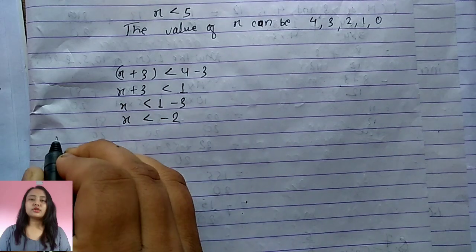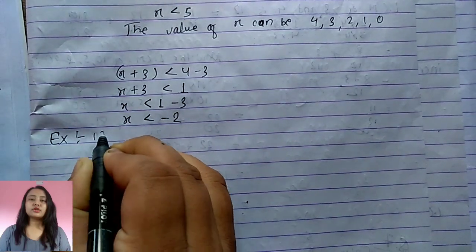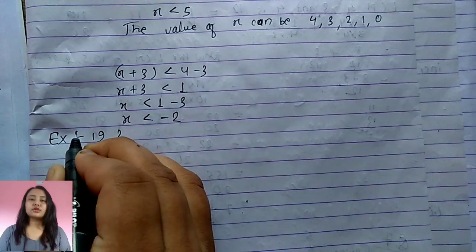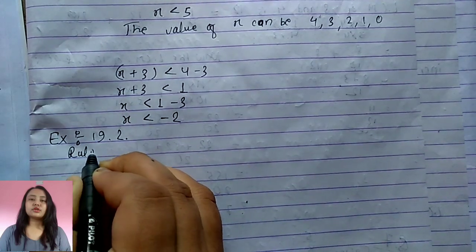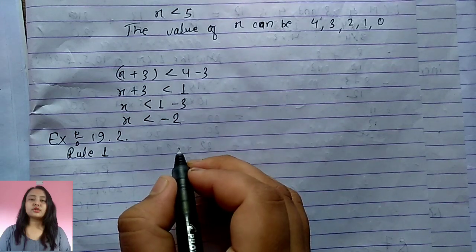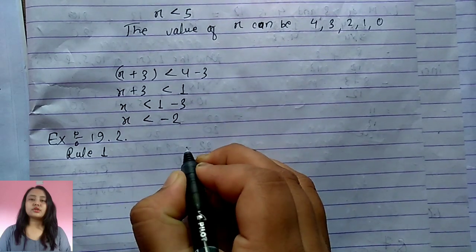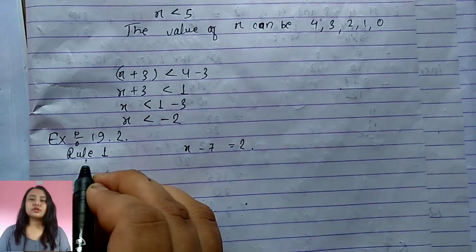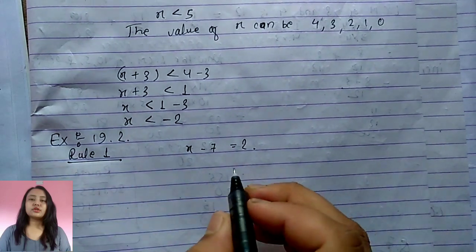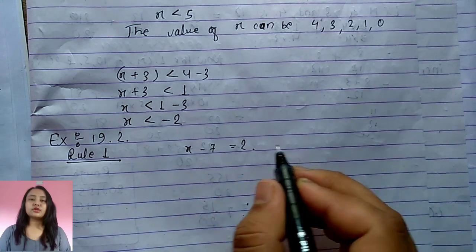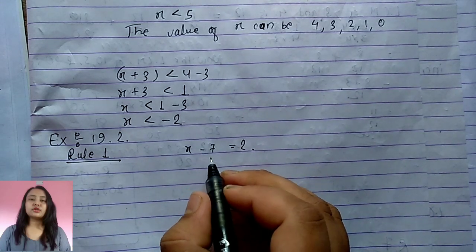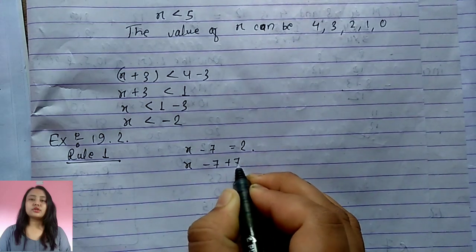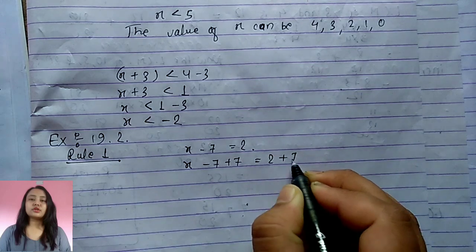Okay, now we have exercise 19.2, in which you need to know about the 4 different rules. That is rule 1. Rule 1 is about addition. Suppose a question is given to you, x minus 7 equals 2. Now rule 1 says that you have to add the same number on both sides, like x minus 7 plus 7 equals 2 plus 7.